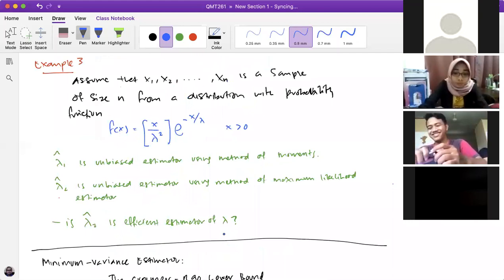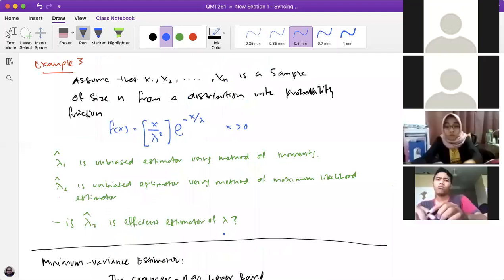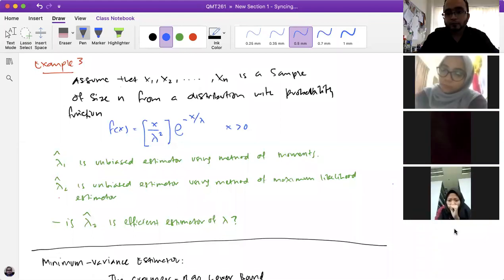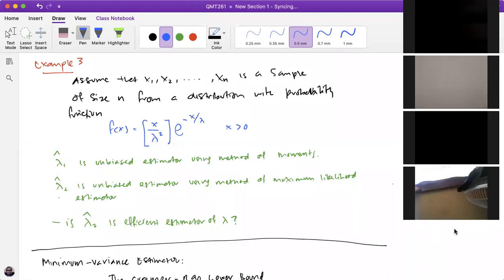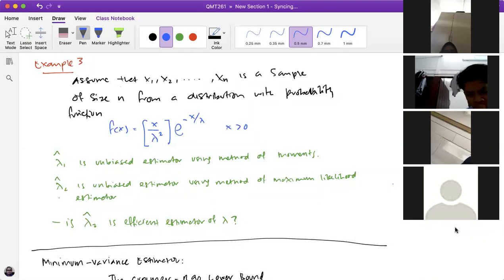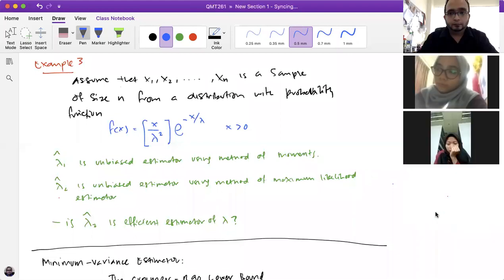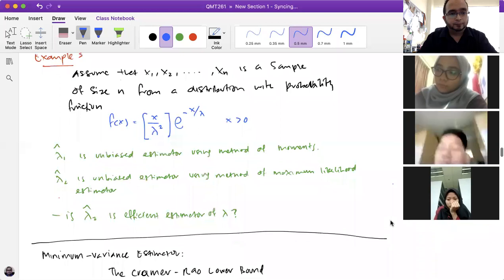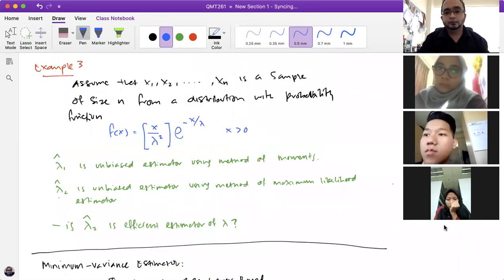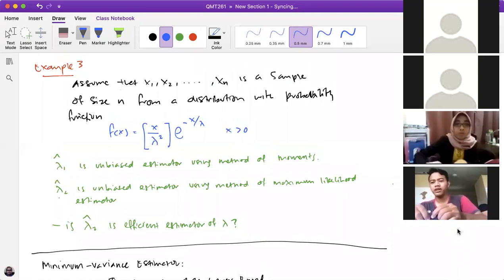You do it as your flip grid. Solve this one, as your flip grid. Okay, have you finished copying?